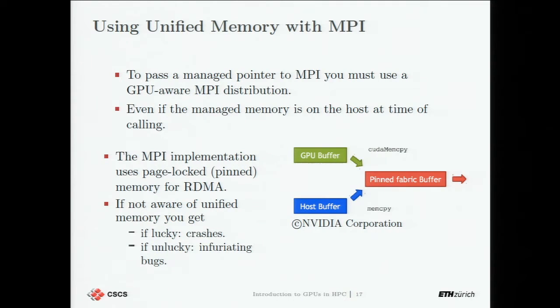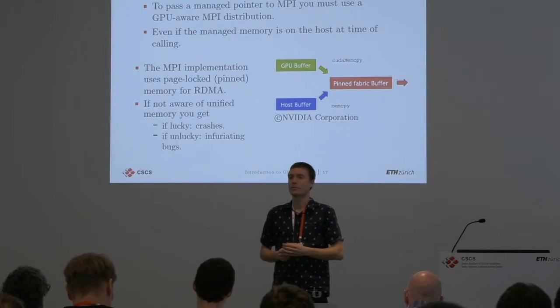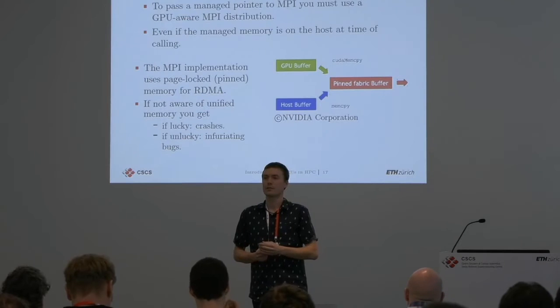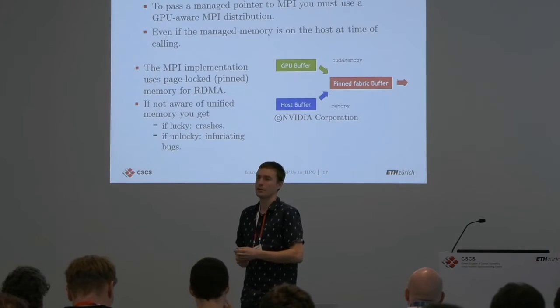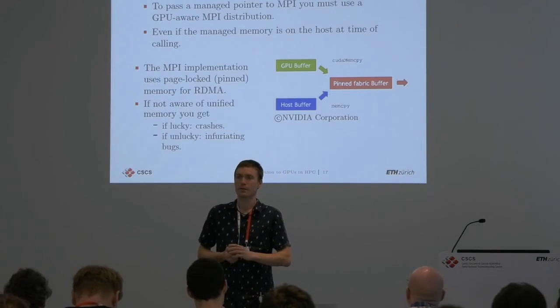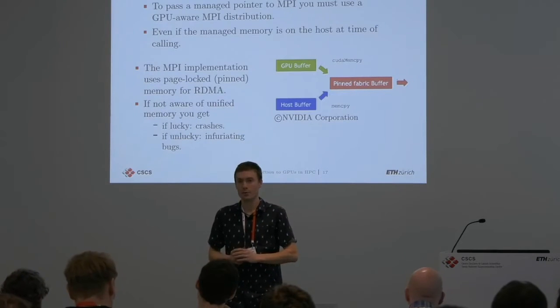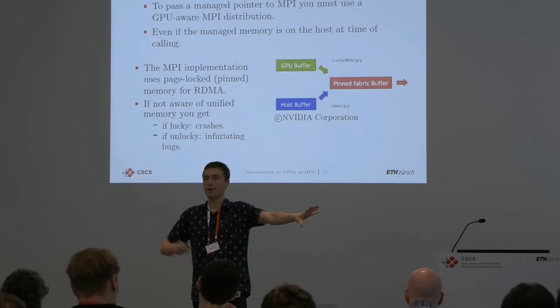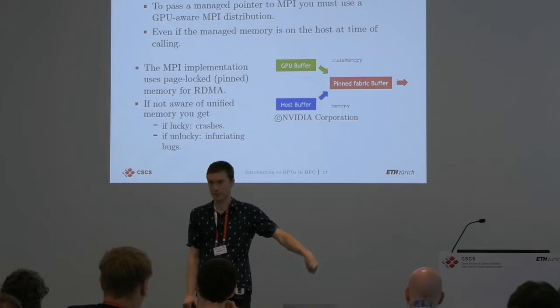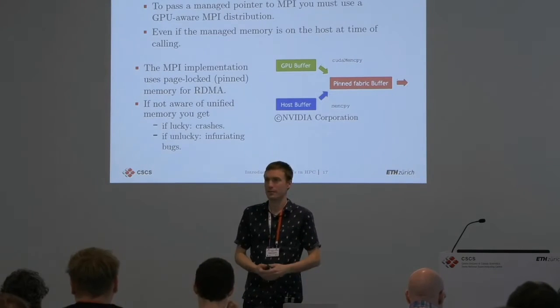Does anyone have any questions before we go on? Yes? Can you also send stuff from the GPU directly to the CPU? So if you do an MPI send, and the sending buffer is on the GPU. Ah, okay, so you want to send from the GPU on one node to the CPU on another? Yes, it will handle that situation.